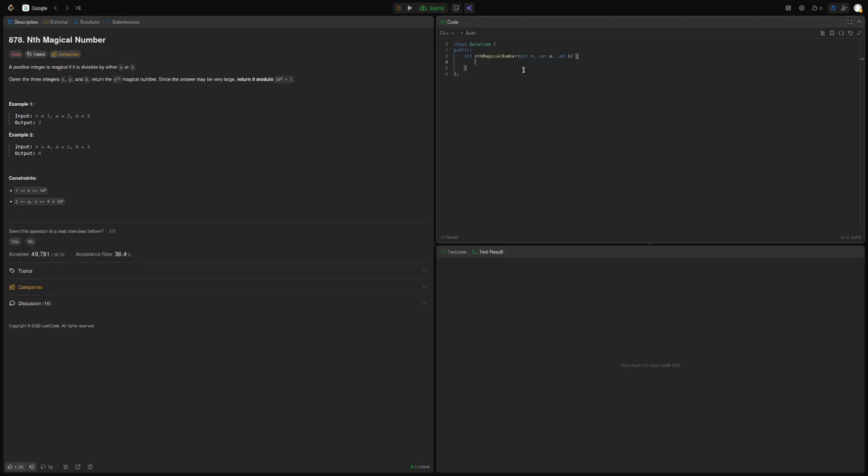Well, it's 100 divided by 2 plus 100 divided by 3 minus 100 divided by the LCM of those two numbers, because if it's divisible by both of them, it should be divisible by their LCM, which is a times b divided by GCD.